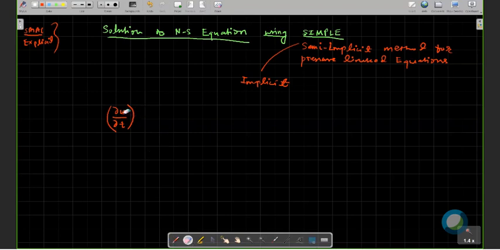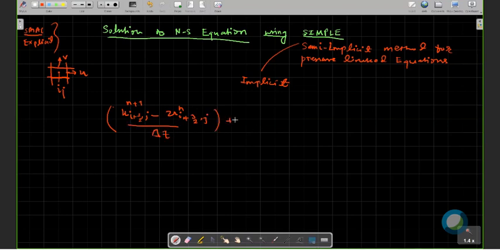So you write u at i plus half, the center of our cell, this is cell ij. So we are taking u here and v here. So this is u at i plus half j at n plus 1 minus u at i plus half j at the nth level, divided by delta t.